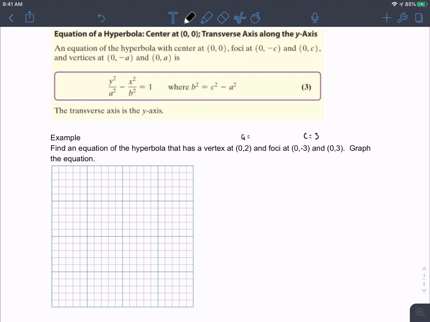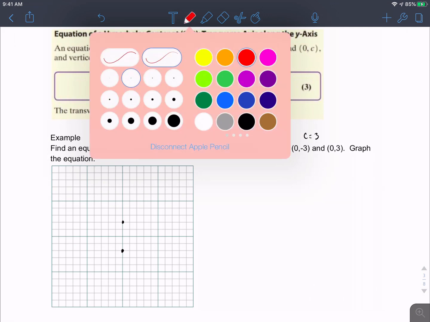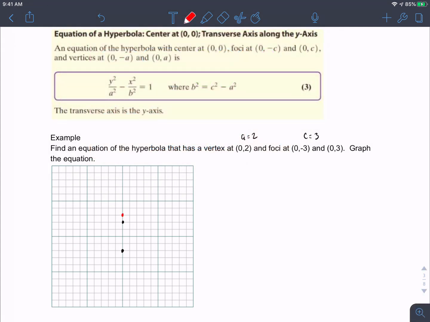My A correlates to the vertex, and that is at 2. And so at plus and minus 2 is where the vertex is going to occur. I'll use red for the foci. That's going to be at plus and minus 3.